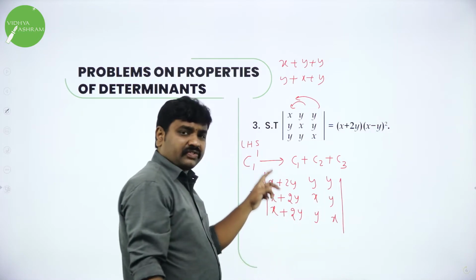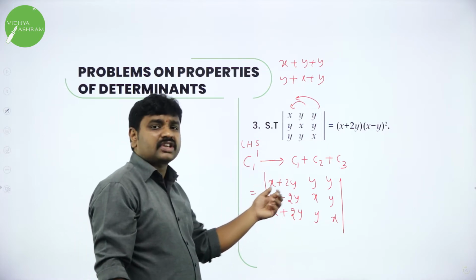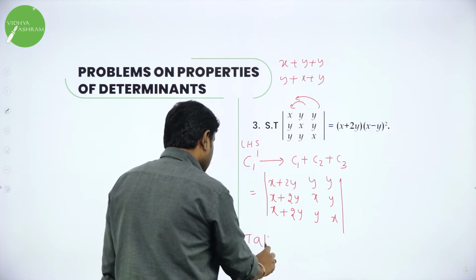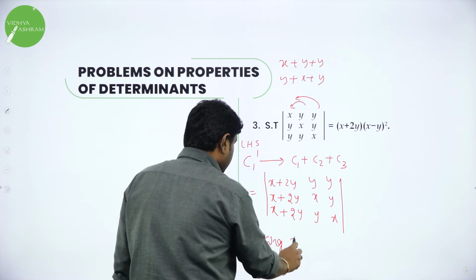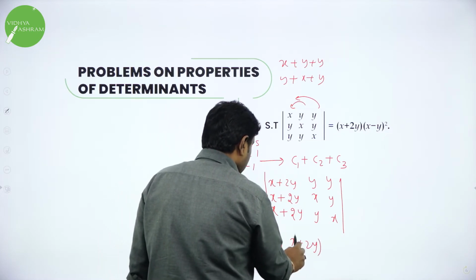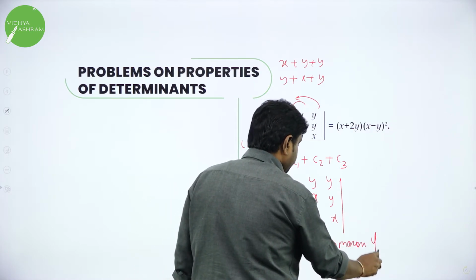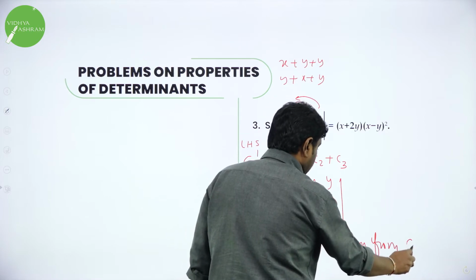Now what is common in the first column? In the first column we have x plus 2y, so take x plus 2y common from column 1.